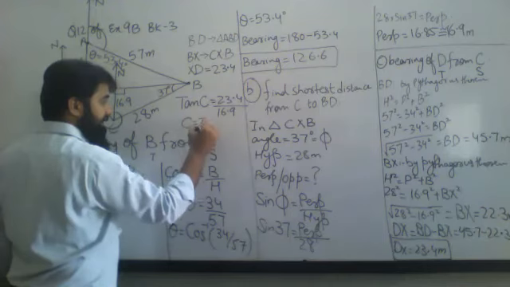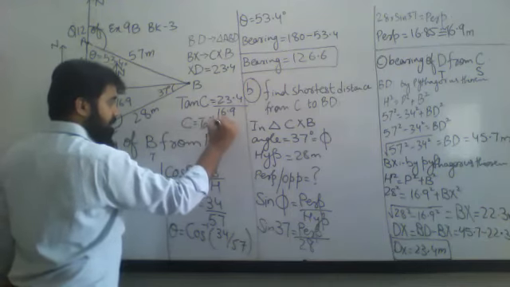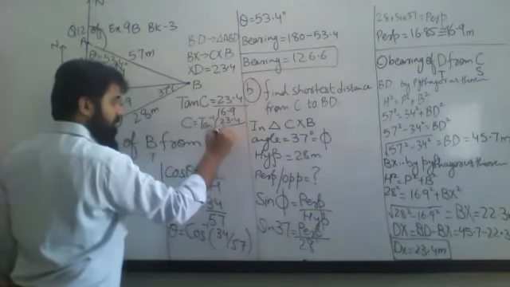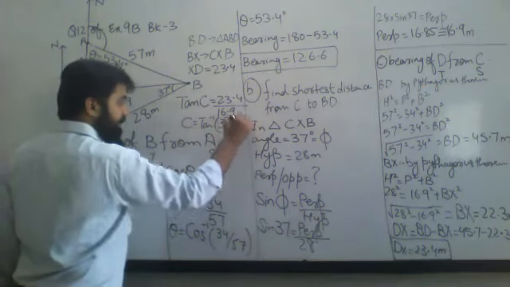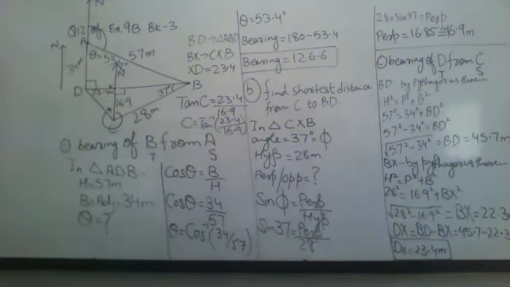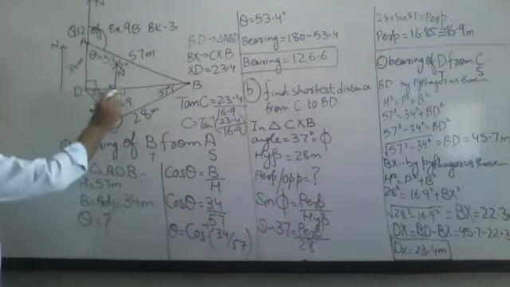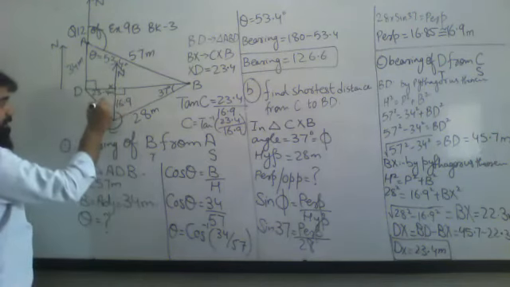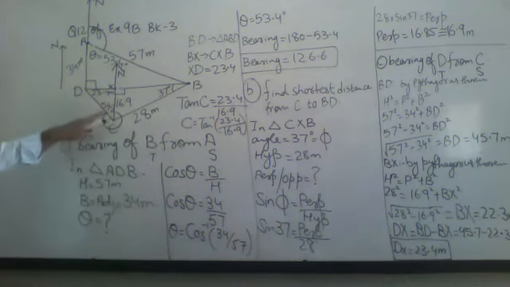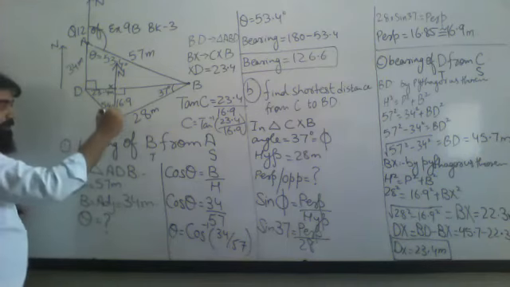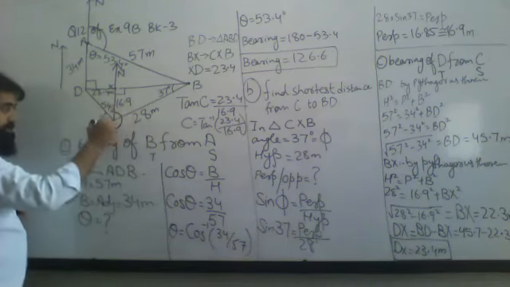So tan inverse of 23.4 over 16.9. When I simplify it, the value of C is coming 54.2. So this is 54.2 and I have to find this one.